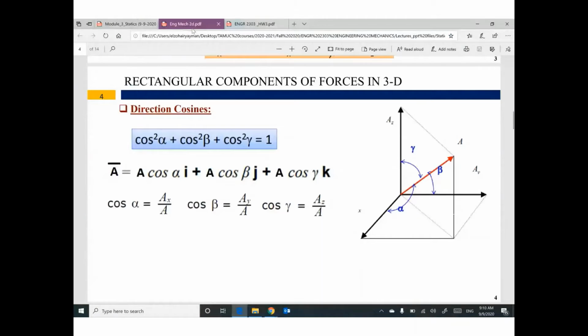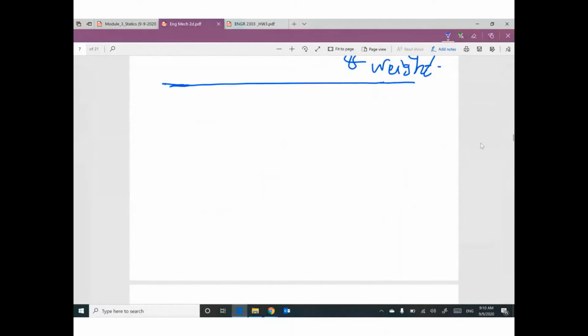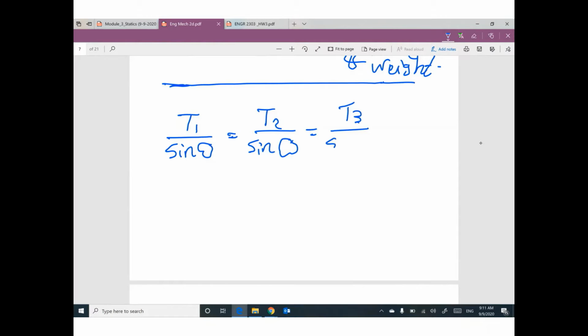Yeah, one more thing. I would like to highlight this. It's okay for me until this moment because some students during the homework and the quizzes are using something like this: T1 divided by sine something equals T2 divided by sine something equals T3 divided by sine another angle.